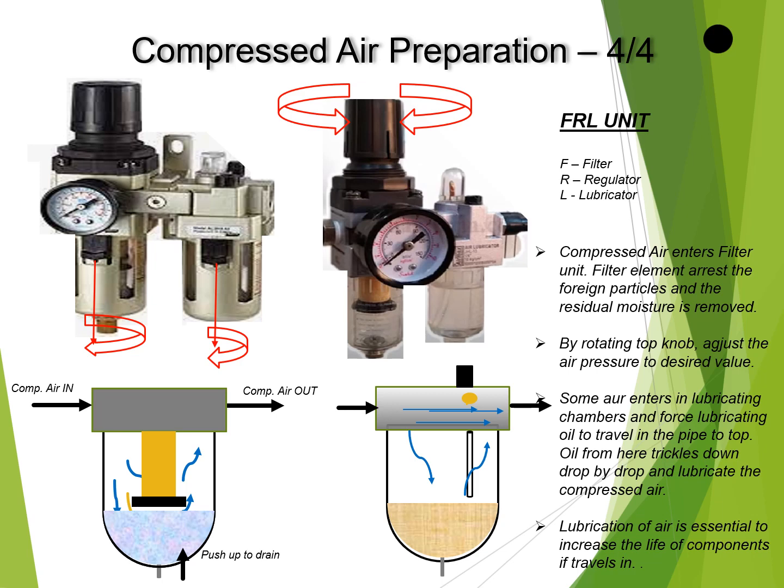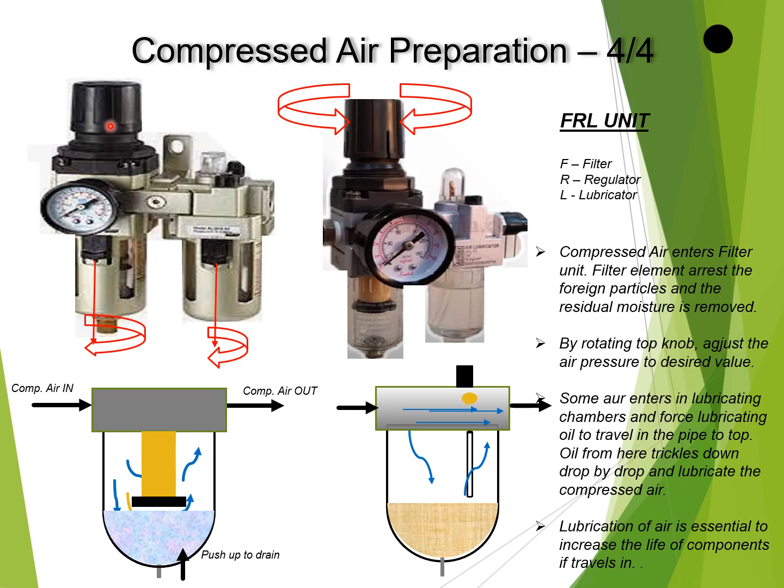As can be seen from this picture, the regulator and the filter are combined into a single unit and the lubricating unit is separate. The compressed air enters into the filter from the sides. The filter element arrests the contaminants in the compressed air. It also arrests the residual moisture which is collected at the bottom.